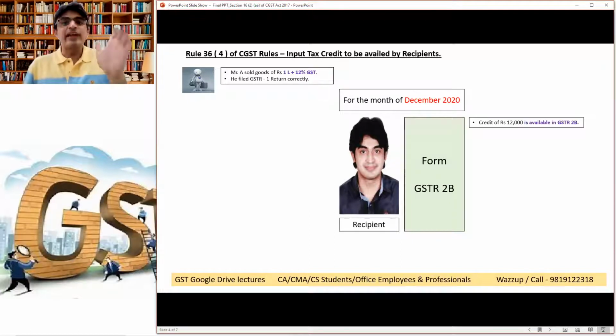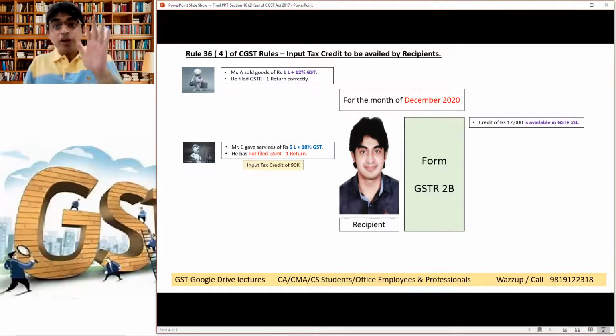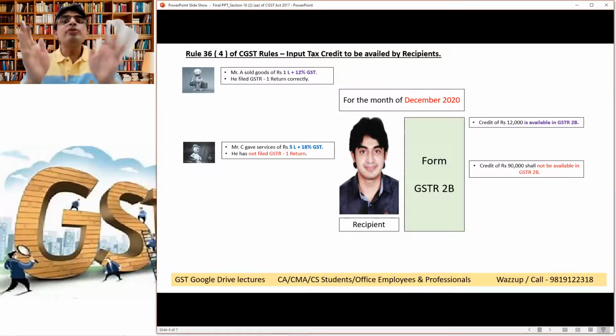GSTR 2B. So this ITC I can avail. But from this supplier, say I avail services, 5 lakh rupees plus 18% GST. Now this supplier did not file GSTR 1, so this ITC of 90,000 never came in my GSTR 2B. I cannot avail this ITC.